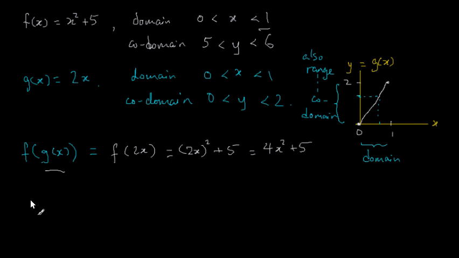So for example, if x is equal to 0.75, then g(x) is equal to 2 times 0.75, which is 1.5.